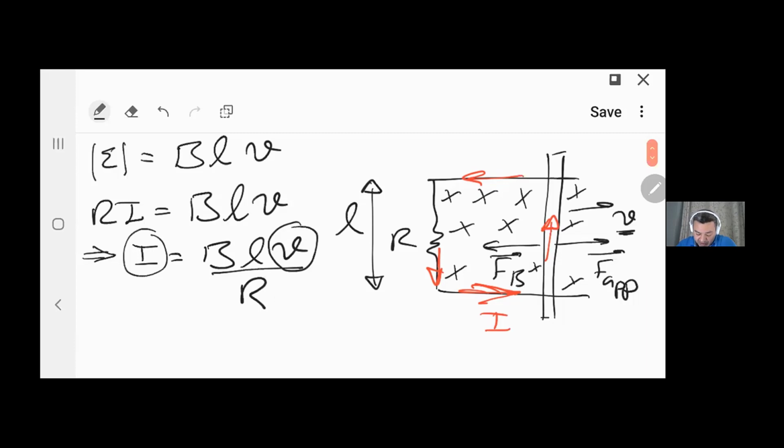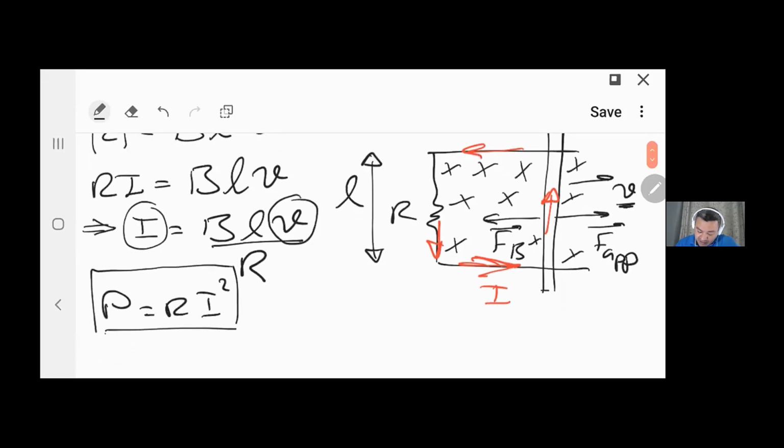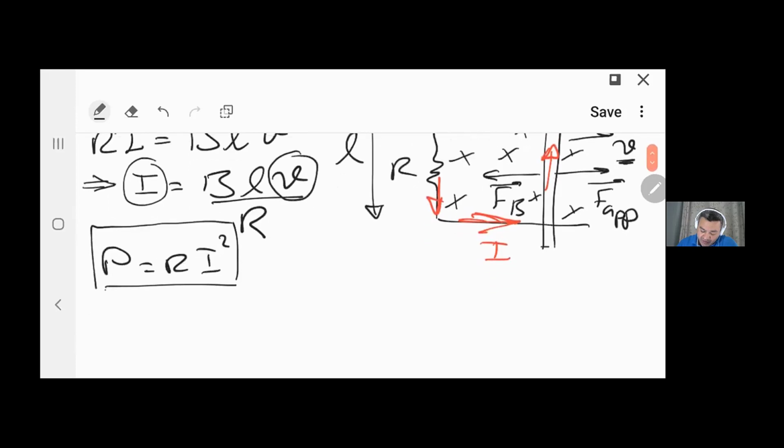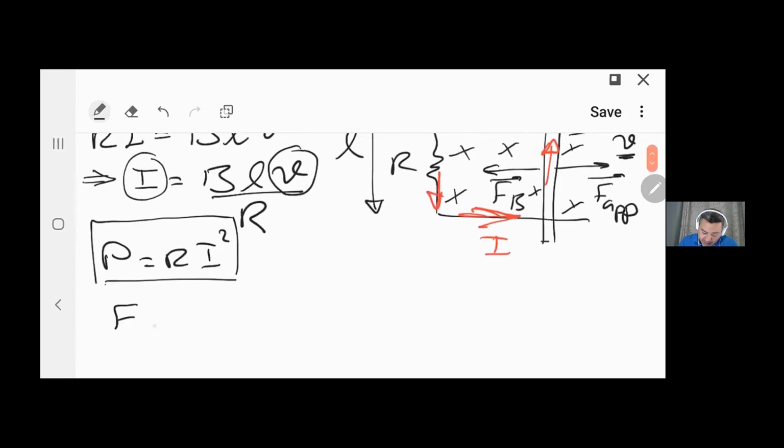So in this case, if this is the current, I know that P equals R I squared. So this is the relationship now between the power and the current. Also, what else can I use? I can use the magnetic force F_B equals I L B.